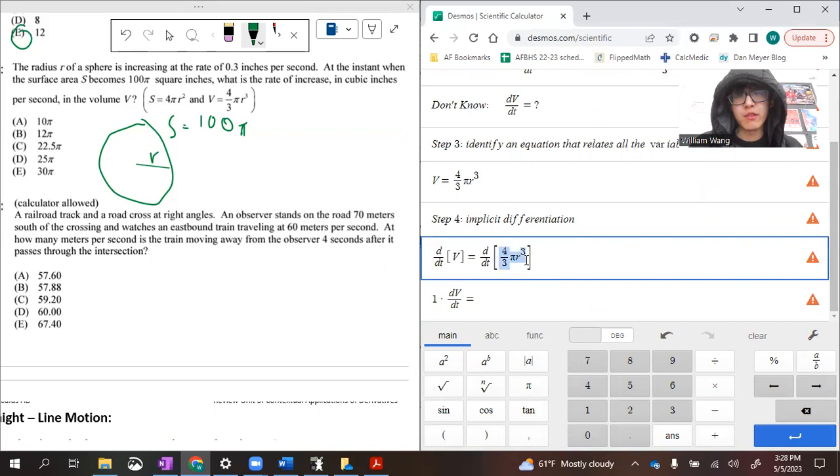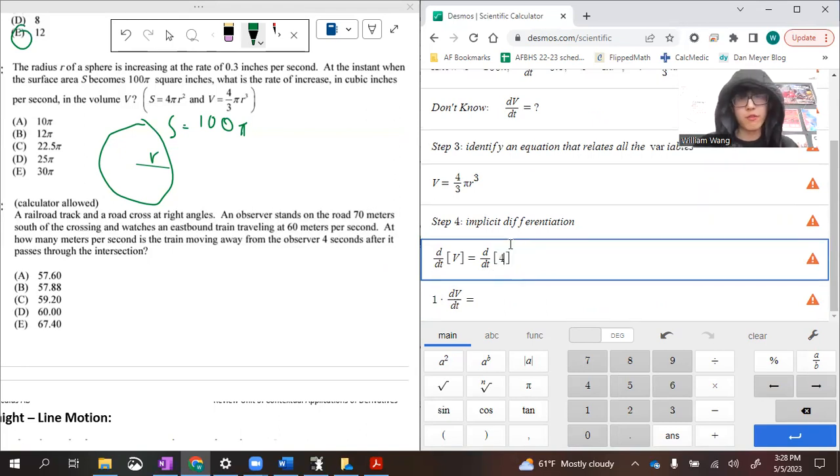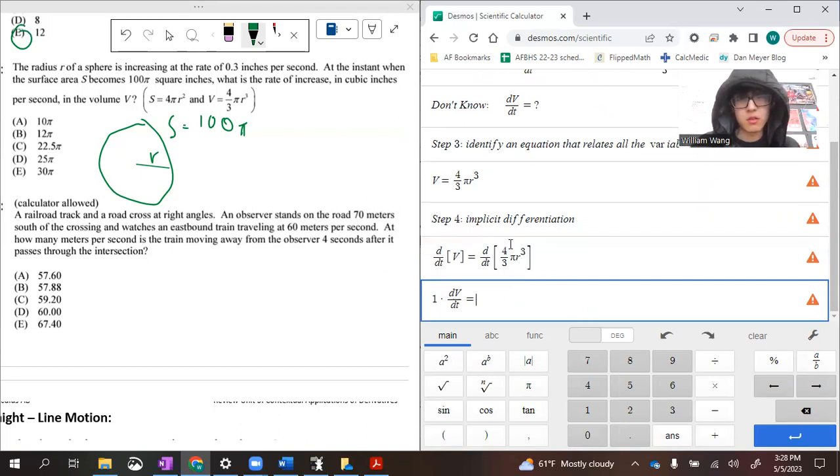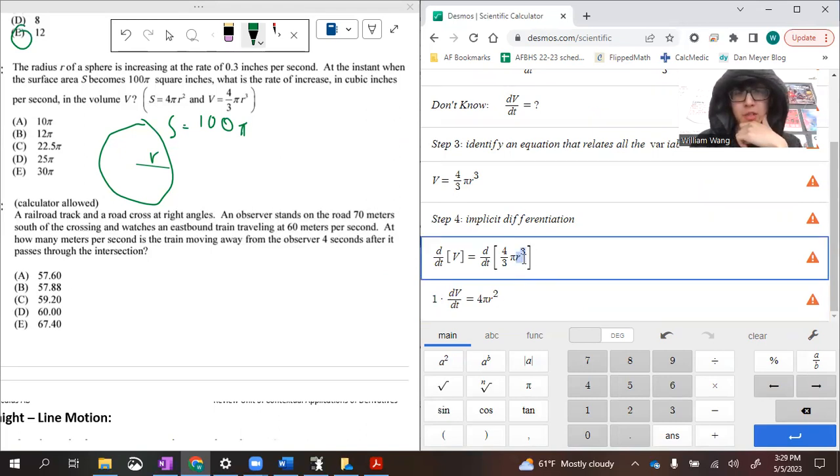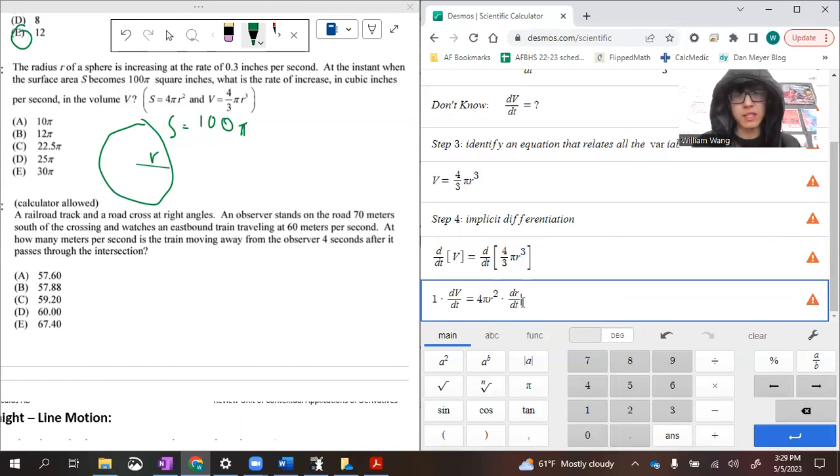Derivative of this right side, derivative of 4/3 pi r cubed. I first do a power rule, so it's going to be 4 pi r squared. Right, so that's just a power rule. But then my variable is r, and it's with respect to t, so I need to multiply by dr over dt. That's my implicit differentiation step.